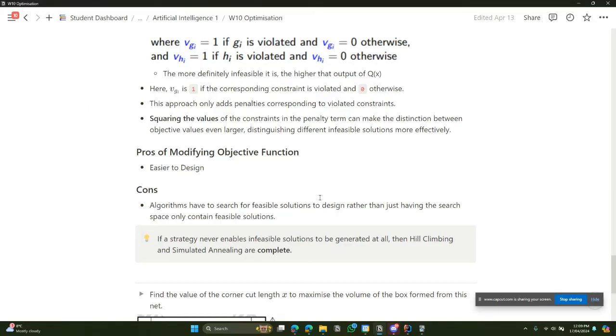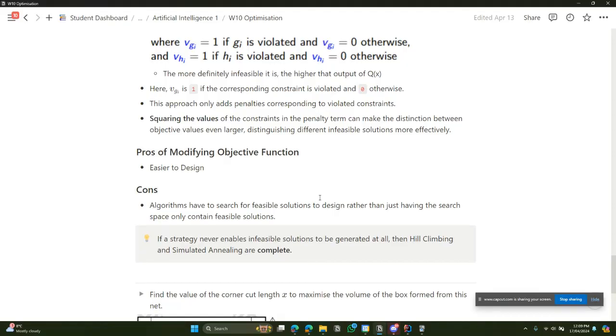So the cons are, you remember with the algorithm operators, we only generated the feasible solutions because we made the feasible range on purpose, right? Only the solutions that are feasible would be generated. However, here we are still generating infeasible solutions, but we're not traveling to them. You remember how we generate neighbors for a particular solution.